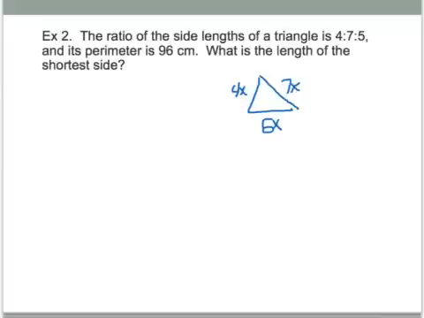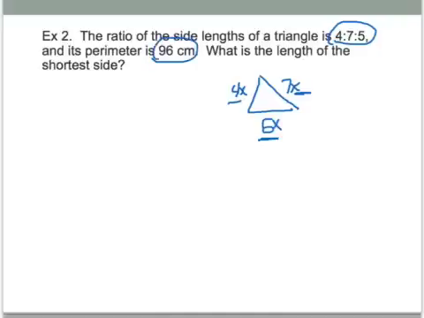I know that each of the sides, because the ratio is 4 to 7 to 5, all have a common factor. So whatever that factor is, one side is going to be 4 times that factor, the next side 5 times that common factor, and the longest side 7 times that common factor. It also tells us that the perimeter of the triangle is 96 centimeters.